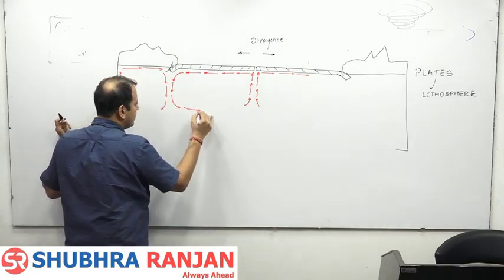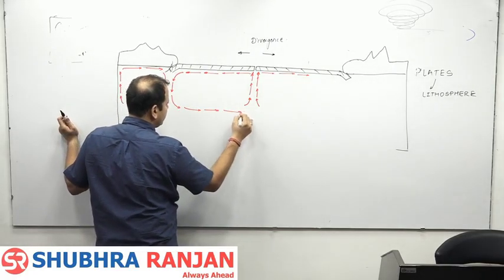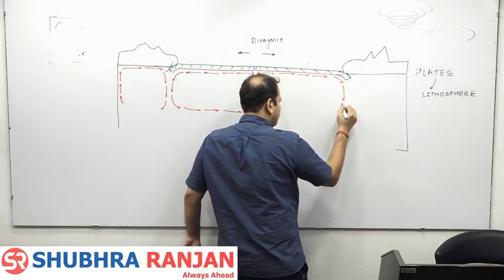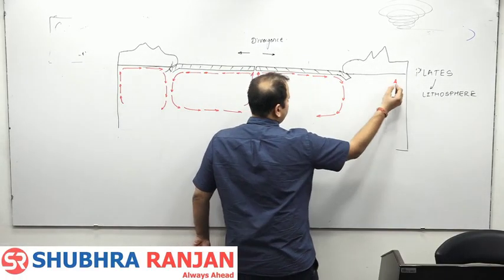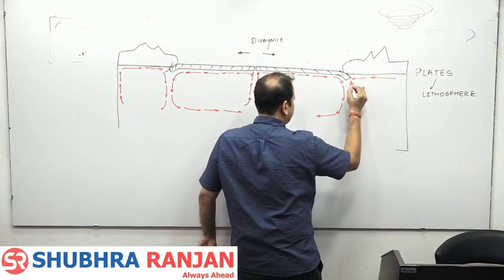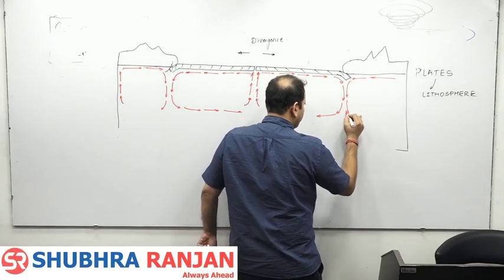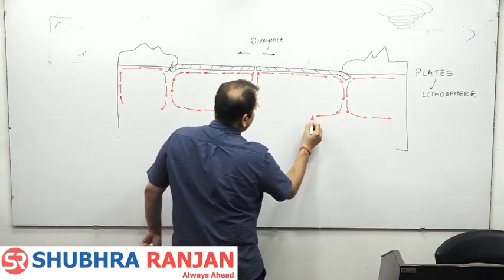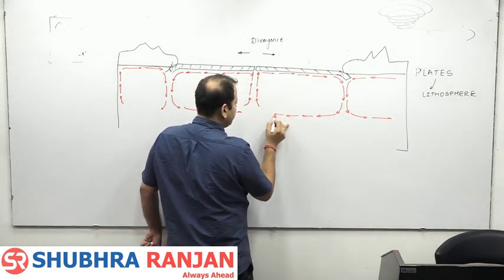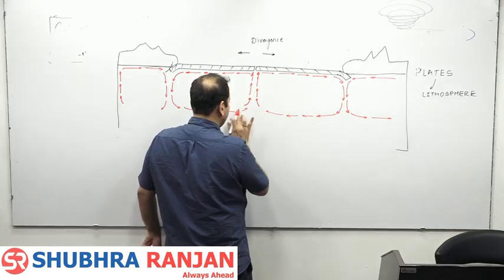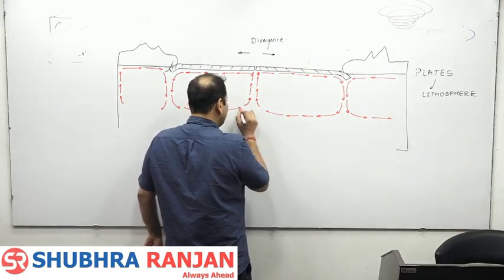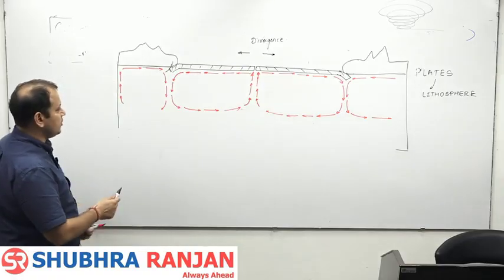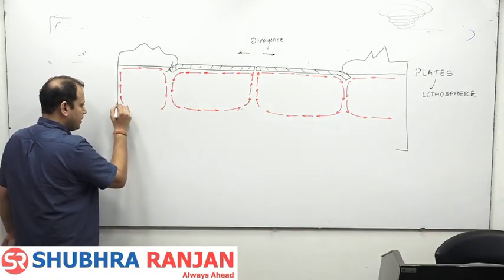So inside the earth there are numerous cells of the convectional currents which will diverge at a certain point and which will converge at a certain point, and due to this what we find is the plates are constantly in motion and therefore the continents and the ocean basins will move from one place to another, not due to contraction, not due to tidal force, but they are formed due to the convectional currents.